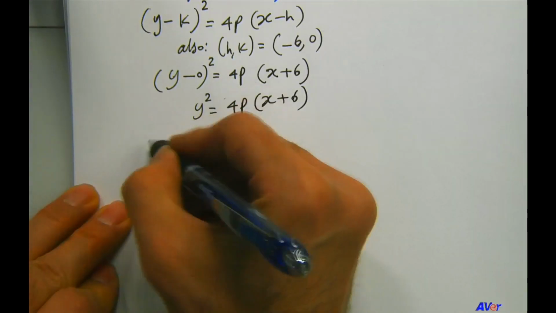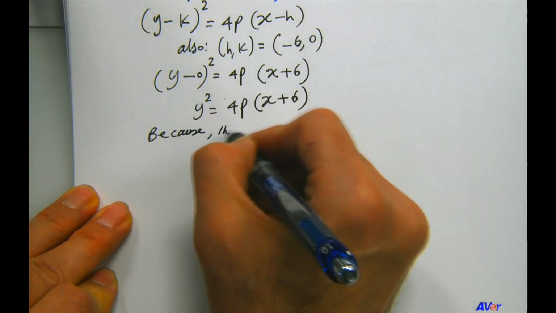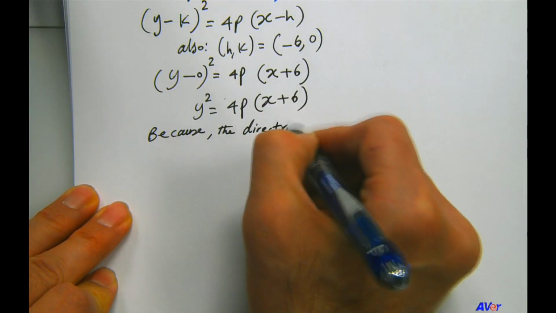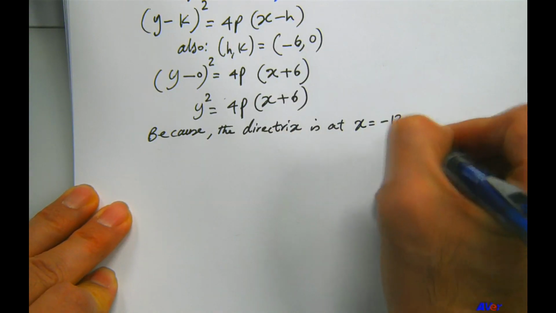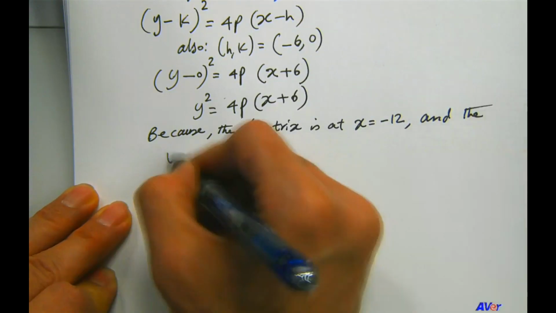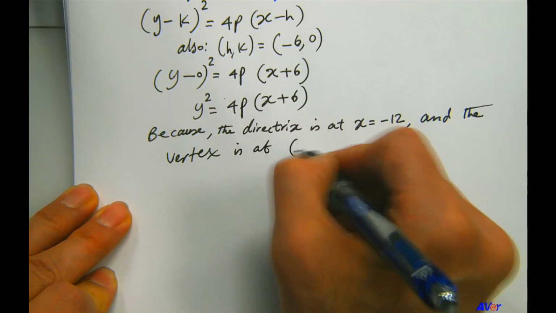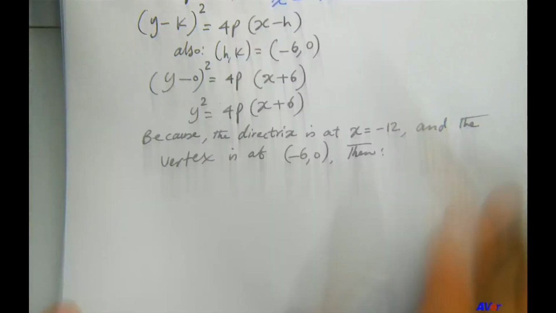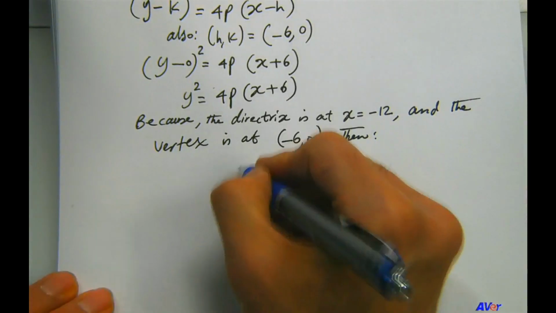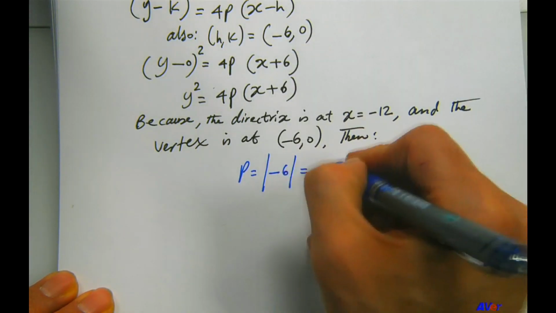Also, because the directrix is at x equals negative 12 and the vertex is at negative 6 comma 0, then P would be equal to the absolute value of negative 6, which equals positive 6.